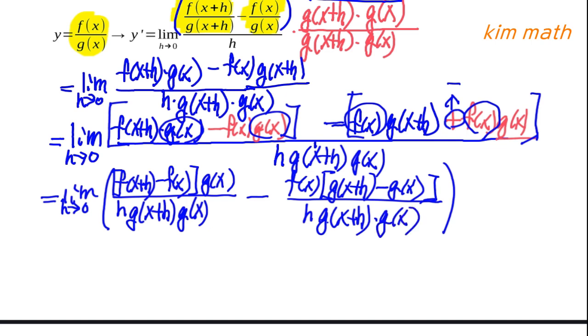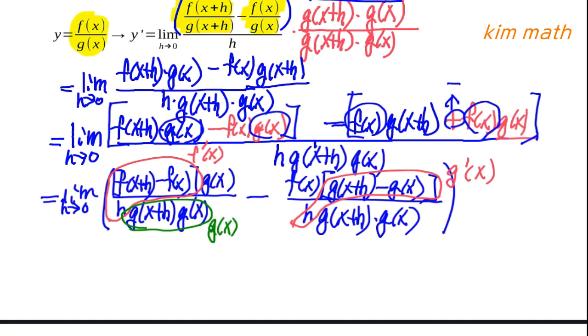Okay, here, when h approaches 0, what is this? This is f prime of x, right? And what is this? This is g prime of x. And when h approaches 0, this will be g of x squared, and these things also g of x whole squared, right?